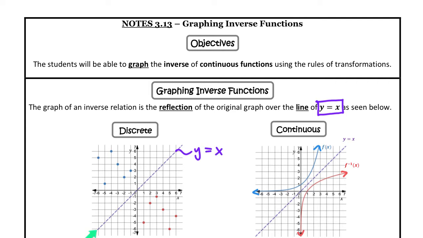This purple line that's dashed is the line y equals x. So if I were to draw this line, it's basically the diagonal of the x and y axis. We would notice that there are particular points there. So let me zoom in there.